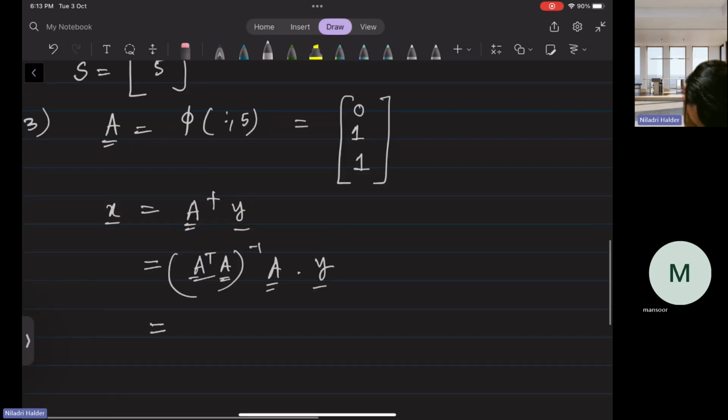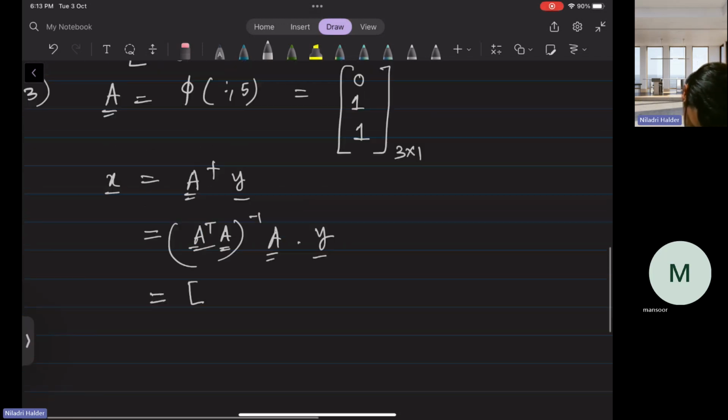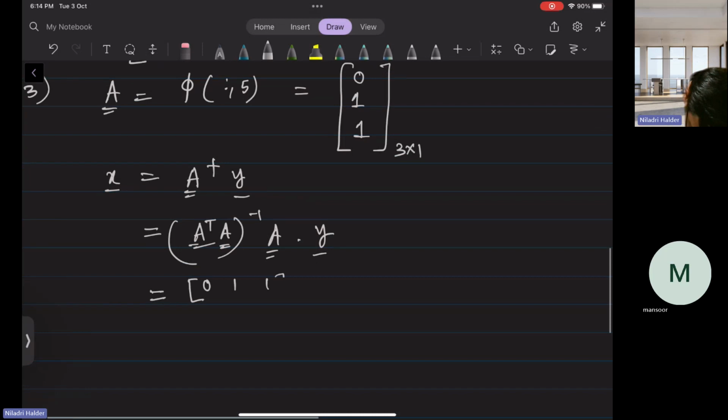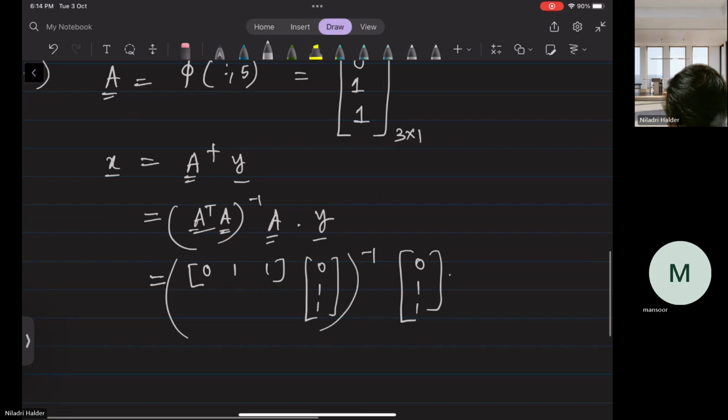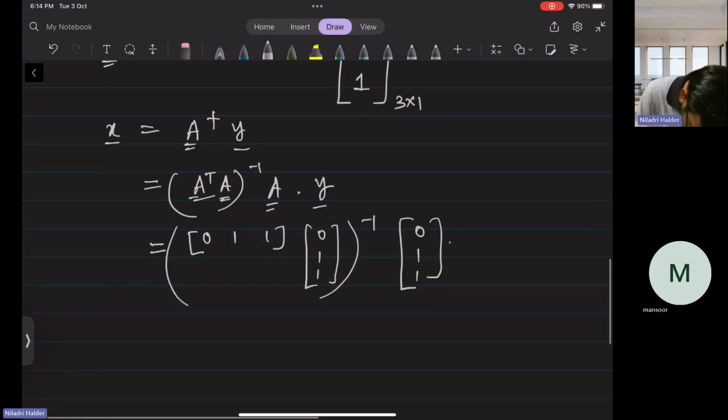So A is just a column vector, 3 cross 1. So it will be 0 1 1, then 0 1 1, this inverse, then 0 1 1, then into y. Sorry, this will also be A transpose.